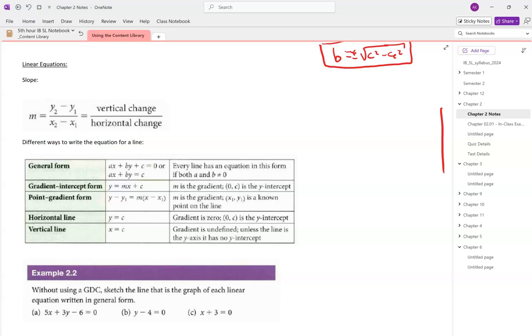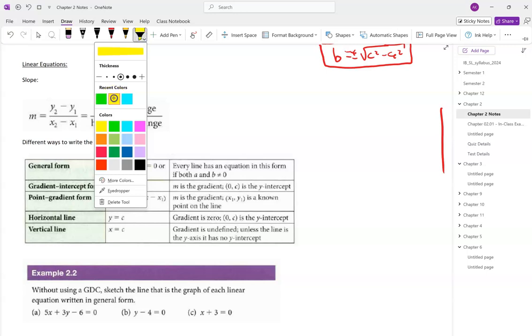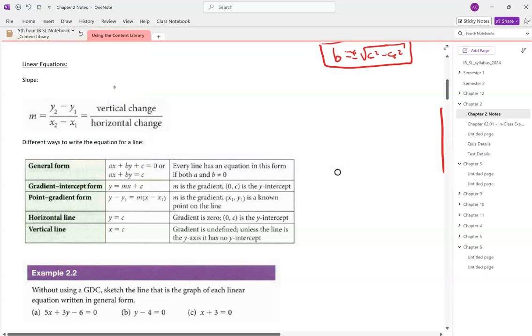So a piece of vocabulary here, the IB is going to ask you to write equations for lines in different forms, and they use a slightly different vocabulary as an international entity than we do in America. So when we talk about general form, that's commonly called standard form over in our classrooms, but there's two different representations.